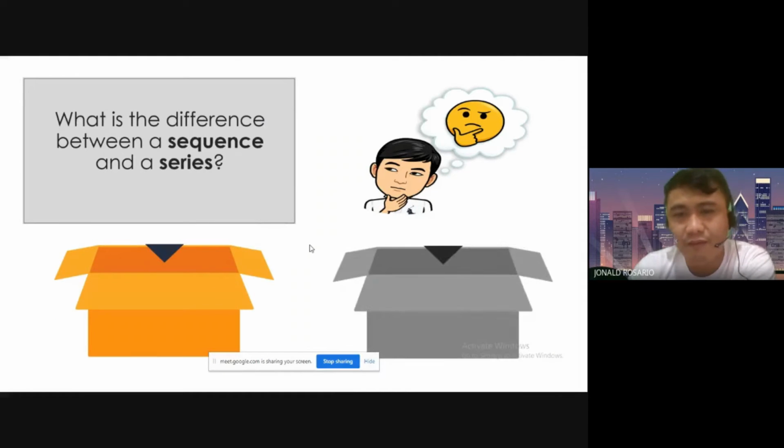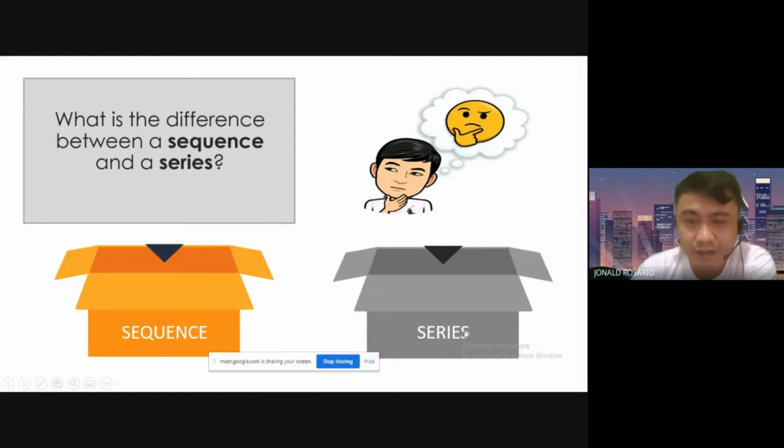For example, we have 2 boxes here. One box colored orange and the other one colored gray. Siguro may pagka-blue. On the box, may nakalagay dyan na isang example ng sequence, and another box nakalagay yung another example ng series.